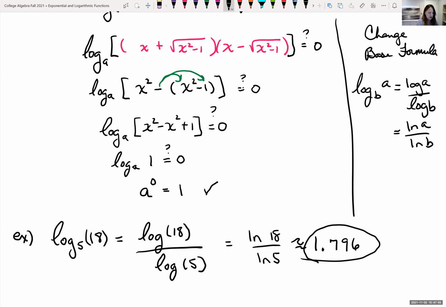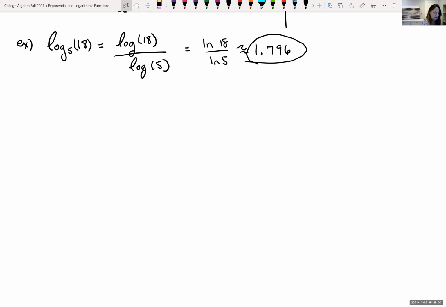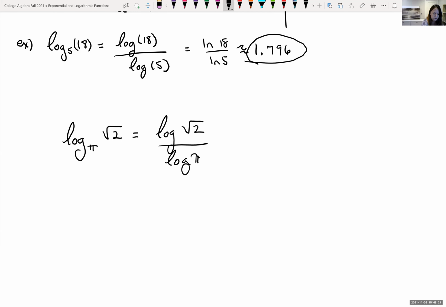So let's do one more change of base. So if we had, how about log base pi of the square root of 2? So log with no base written is base 10. So this could be the same thing as a log of root 2 over the log of pi, which should be the same thing as the natural log of root 2 over the natural log of pi.